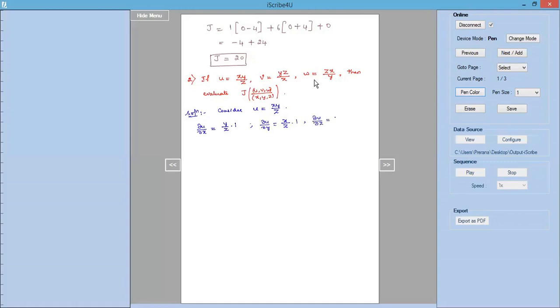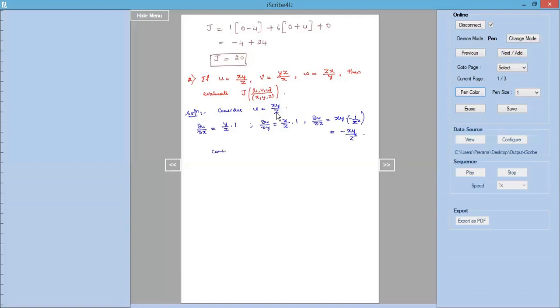With respect to z, xy is a constant. When we are differentiating with respect to z, x into y is a constant, we write it as it is. Differentiation of 1 by z gives us minus 1 by z square. So this gives me the answer as minus xy divided by z square.